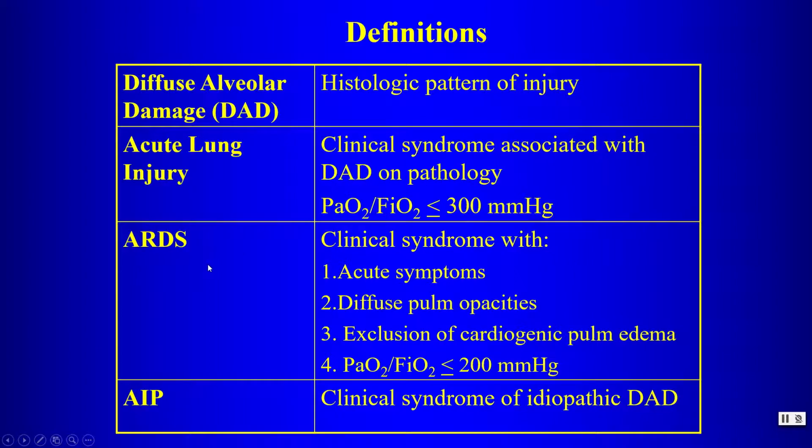And then there is ARDS, which is this clinical syndrome where we get acute symptoms, diffuse pulmonary opacities, exclusion of cardiogenic pulmonary edema, and the PaO2 to FiO2 ratio is less than or equal to 200. And AIP, or acute interstitial pneumonitis, is an interstitial lung disease, which is essentially idiopathic ARDS.